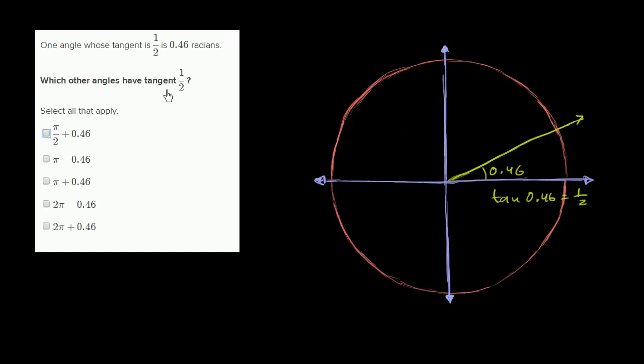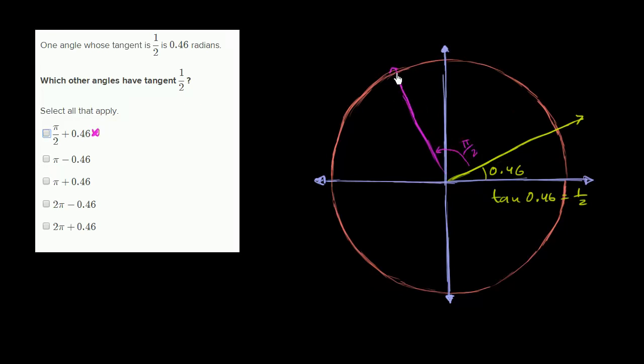Now, what other angles have a tangent of 1/2? So let's look at these choices. This is our original angle, 0.46 radians, plus pi over 2. If you think in degrees, pi is 180, pi over 2 is 90 degrees. So this one is going to look like this, where this is an angle of pi over 2.